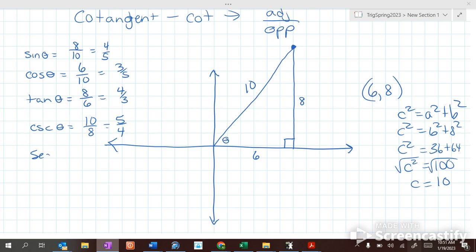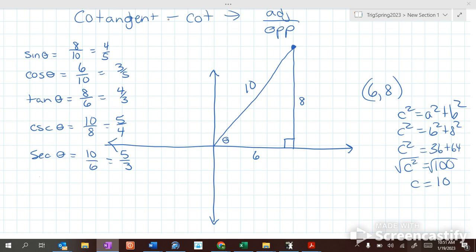Our secant of theta is what over what? 10 over 6, which is 5/3. Okay, 5/3.